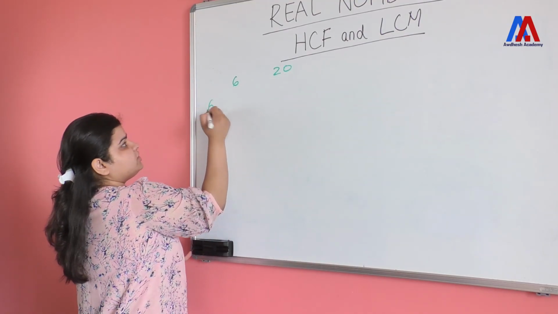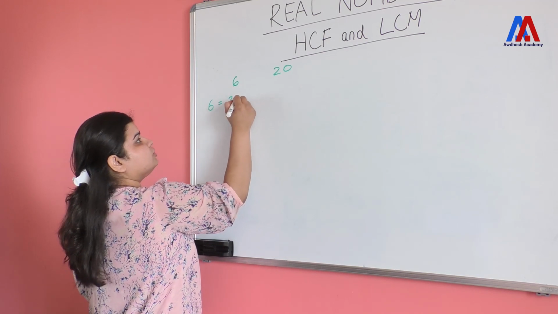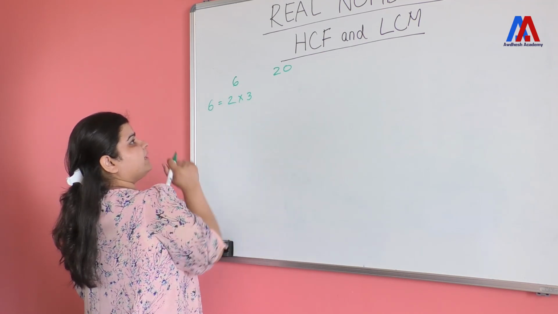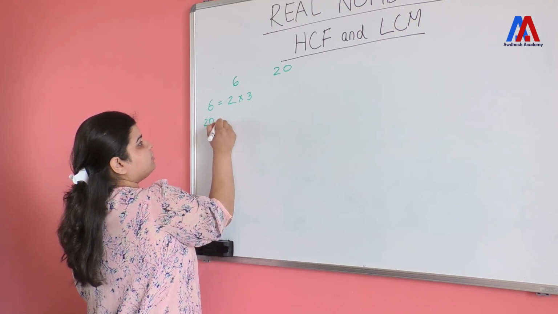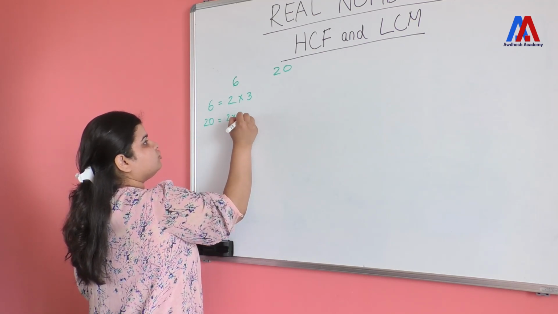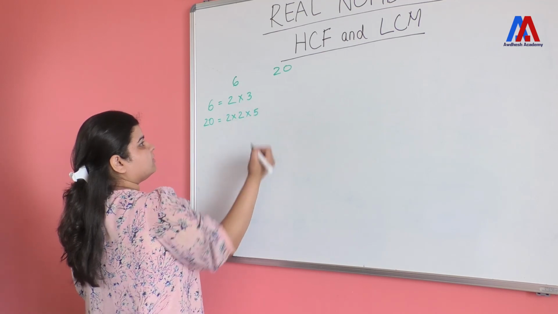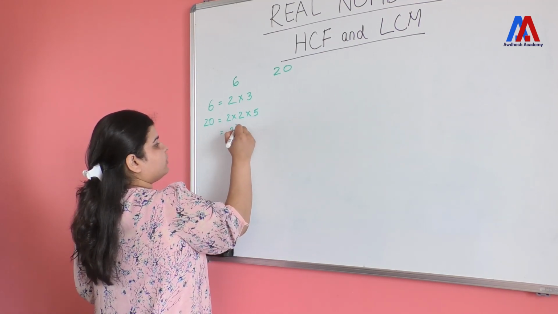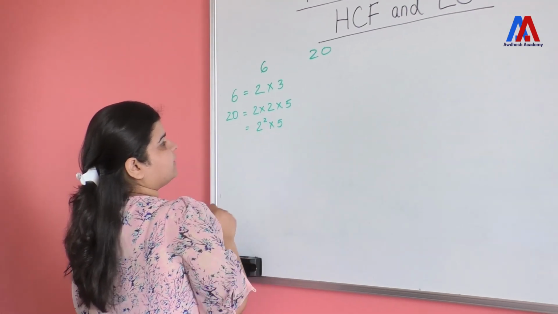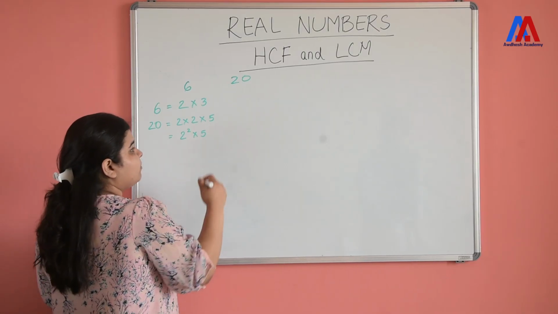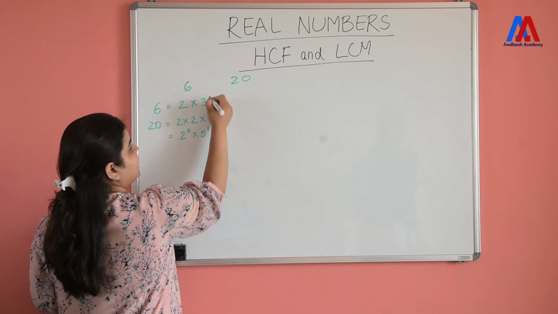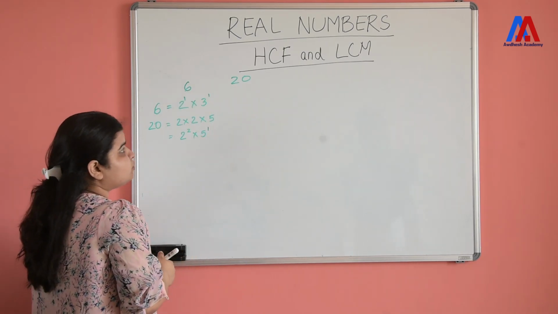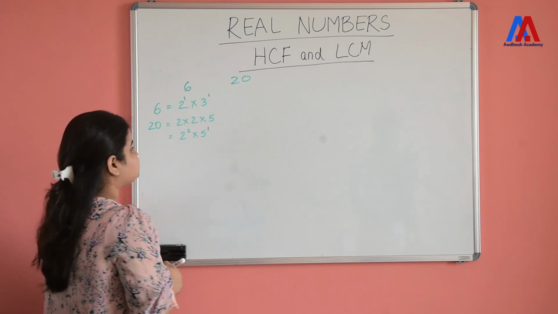The prime factorization of 6 is 2 into 3, and the prime factorization of 20 is 2 into 2 into 5, or you can write it as 2 square into 5. You may or may not write the 1 as the power, because if you don't write anything it is assumed that the power is 1.